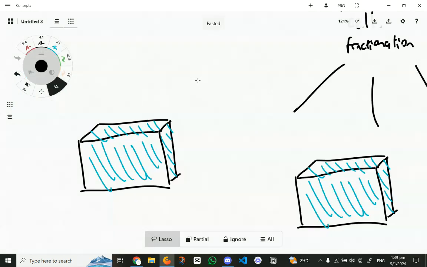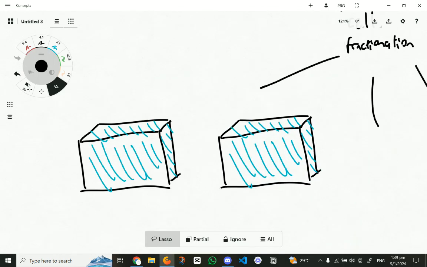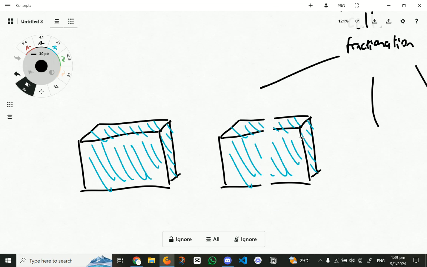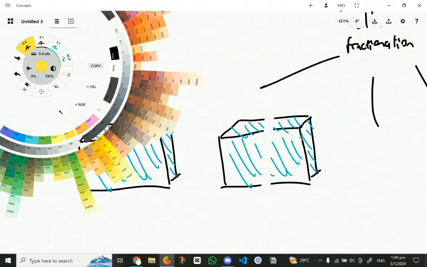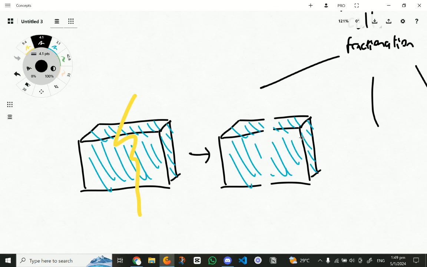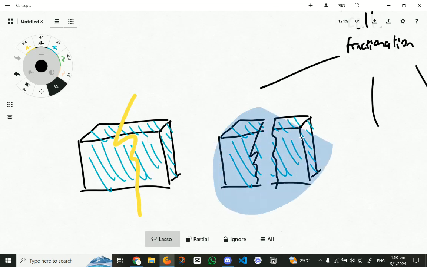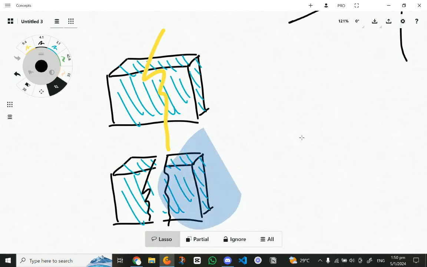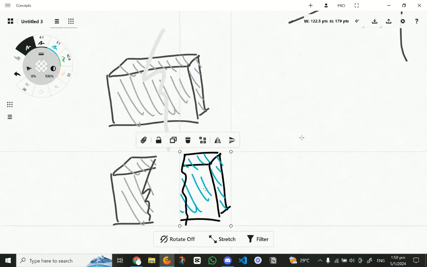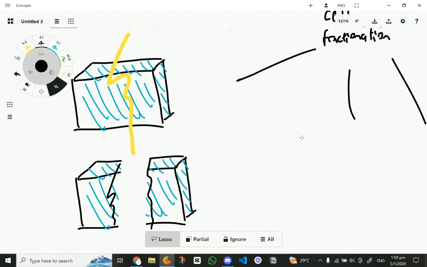Concept so good. Let's go. Yeah, that took longer than expected, but sure.